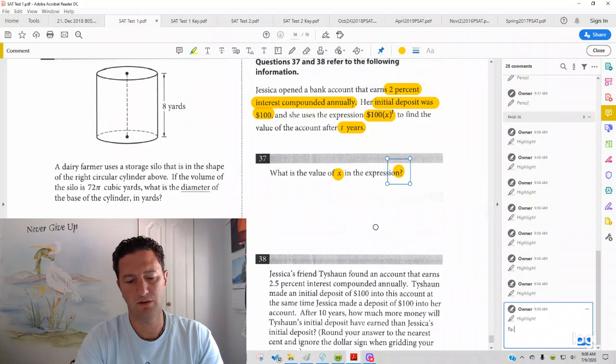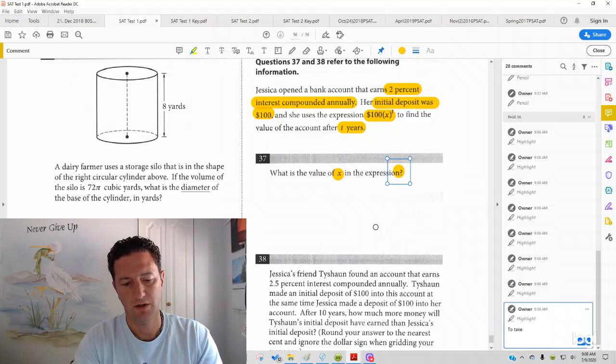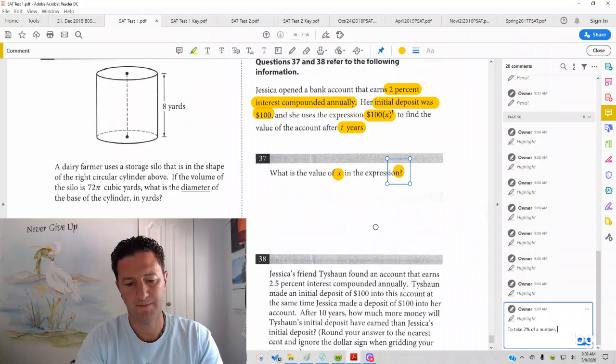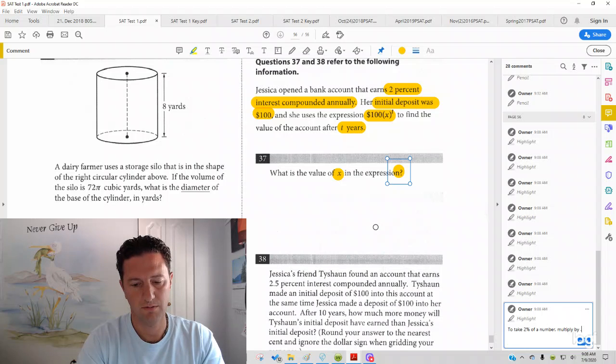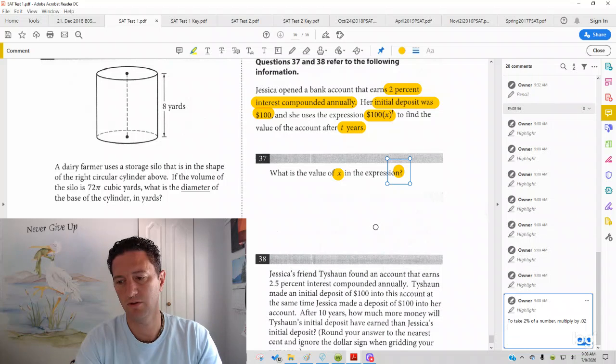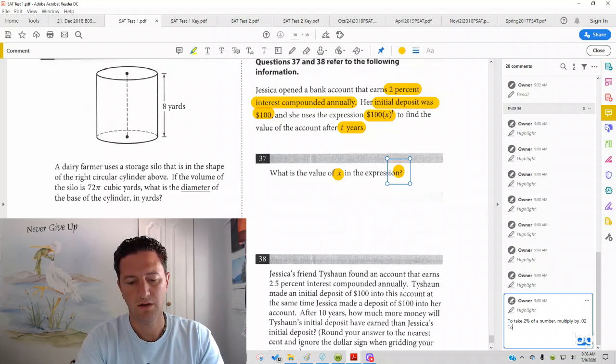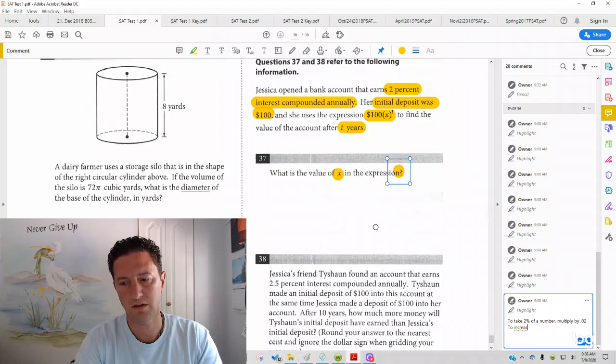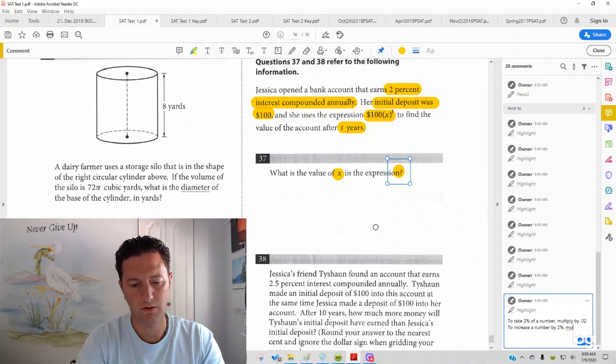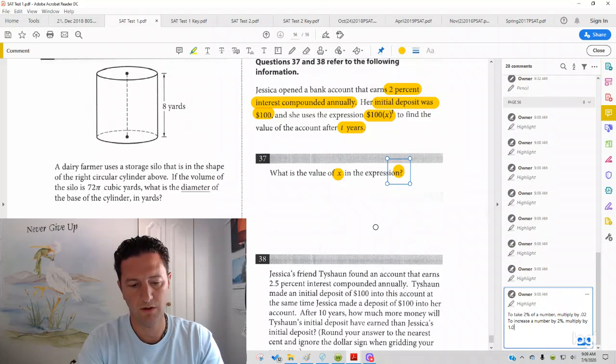First, to take 2% of a number, multiply by 0.02. And I'm sure that you know that rule already. To increase a number by 2%, multiply by 1.02.